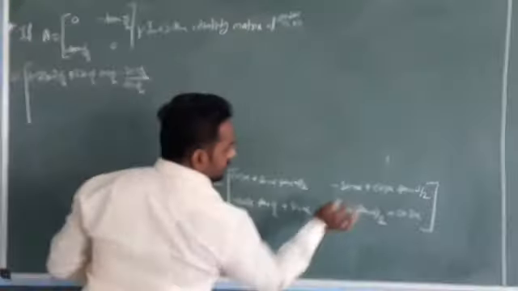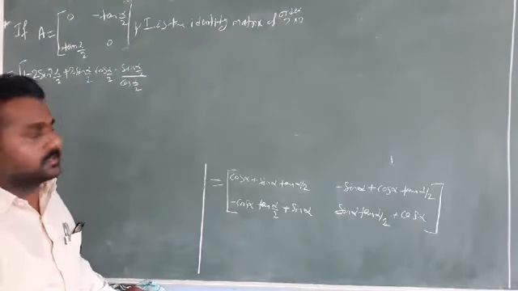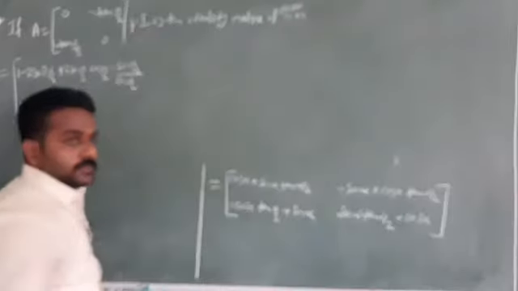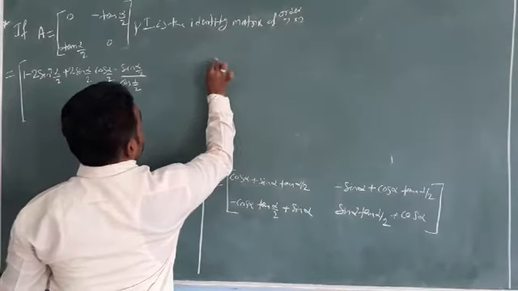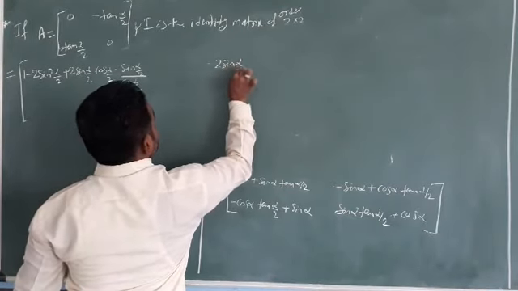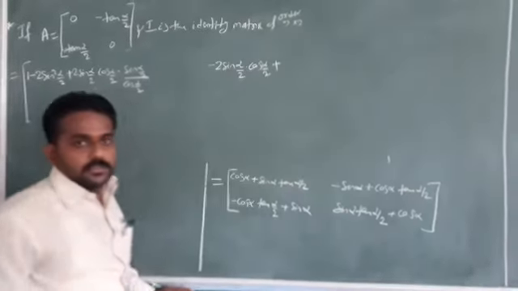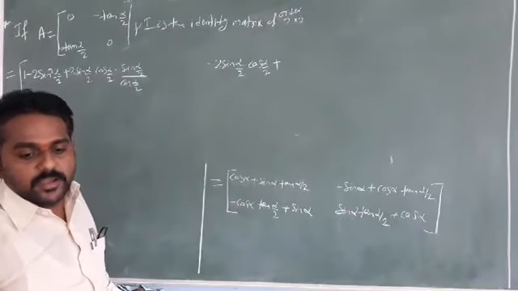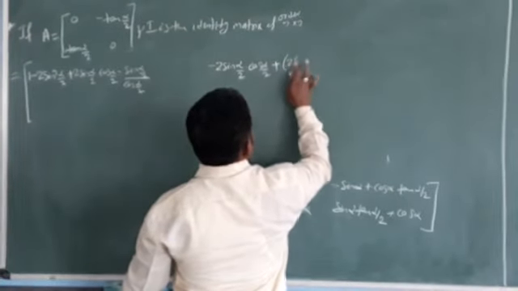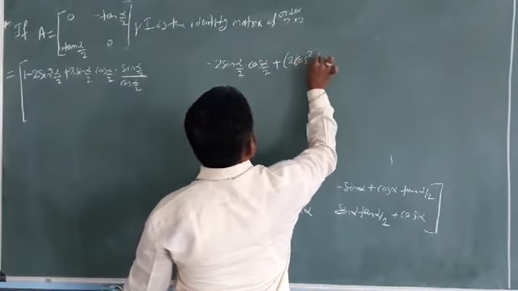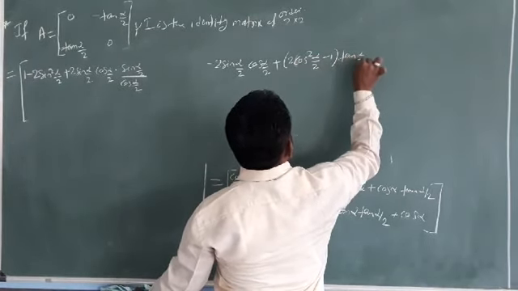Next, here minus sin alpha is there, cos alpha is there, tan alpha by 2 is there. So first write the sin alpha formula. Sin 2 alpha you know, so just make the half. So you get minus 2 sin alpha by 2 into cos alpha by 2 plus cos alpha in terms of cos, that is 2 cos square alpha by 2 minus 1, into tan alpha by 2.